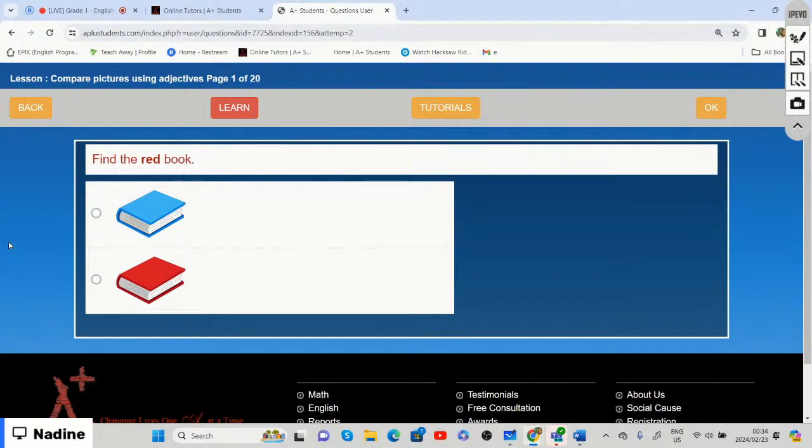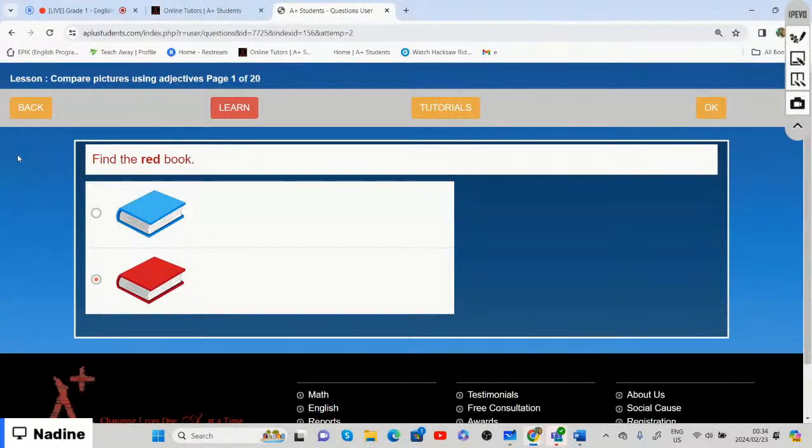So basically, the second book, right? But now, if we look at the sentence, what is the adjective within that sentence that tells us about the book, that describes the book? How are we describing the book? We are describing it in color.